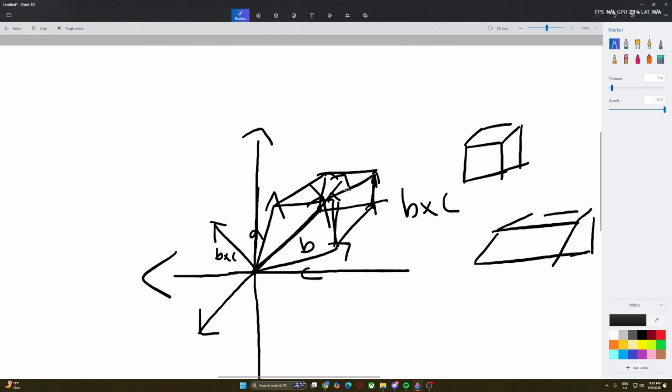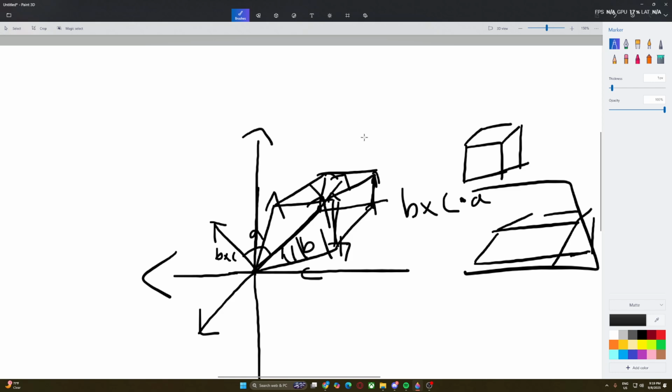In order to create this shape, we have to get B cross C, which is also the area of this base, and dot product it with A, so then we can get the area of the full shape. Don't ask me how.